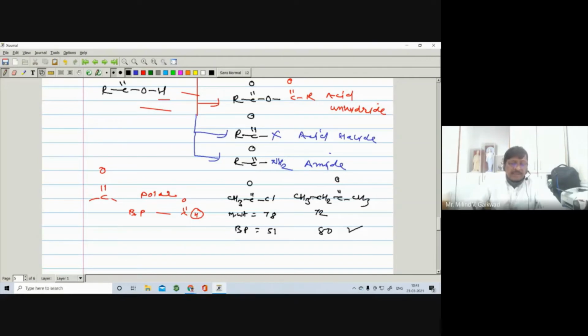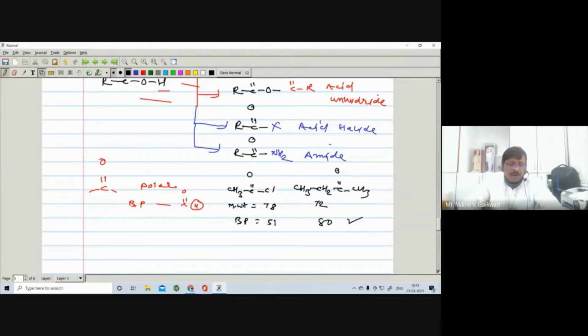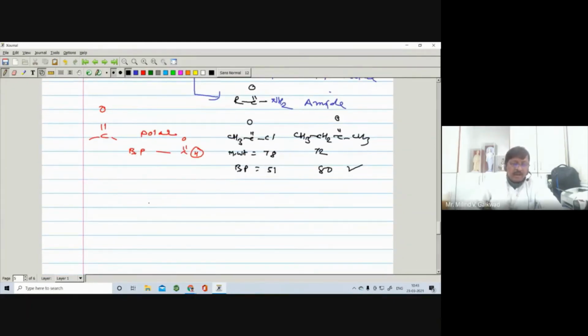Then the amides can also form intermolecular hydrogen bonding. Here is R, C double bond O, N and H; and here is another N, C double bond O and R. So between these two molecules, there is a formation of hydrogen bonding.